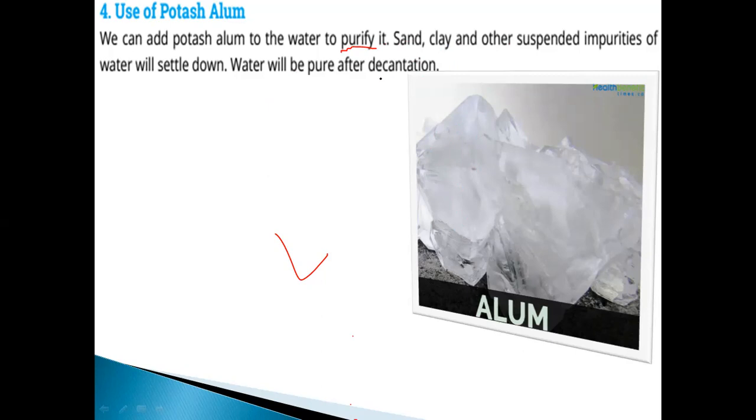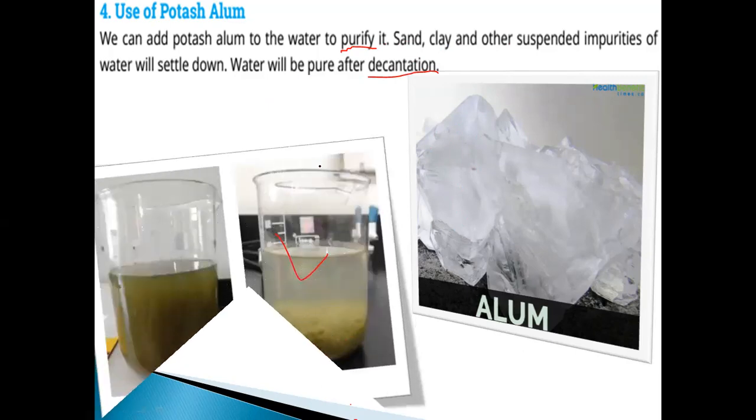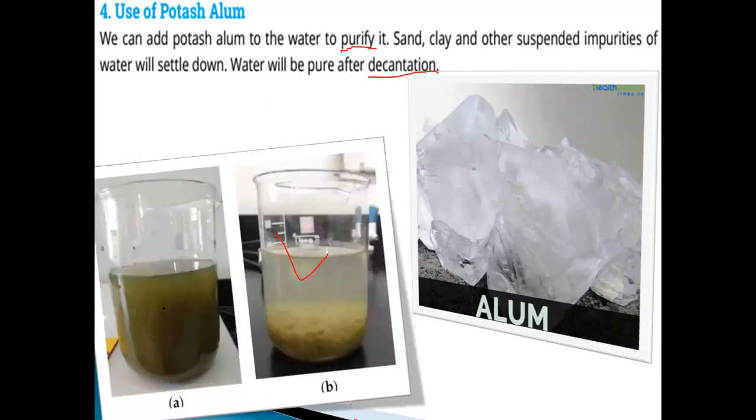So they are settled down, and this process is also called decantation. Decantation means to separate the impurities. So now we can see we are having clear water. This was the water before, which is having muddy structure. Now you can see all these substances are settled down, and we are having clear water here.